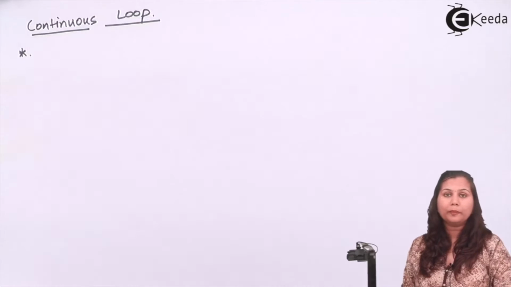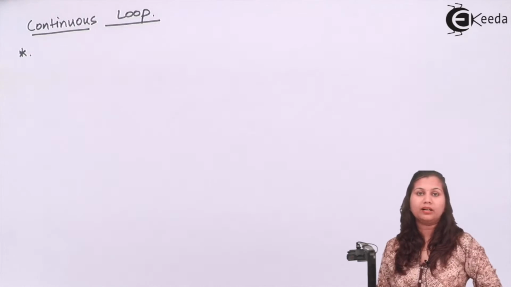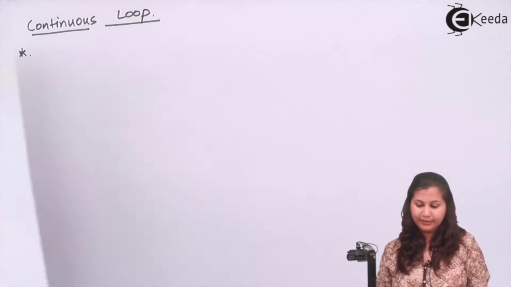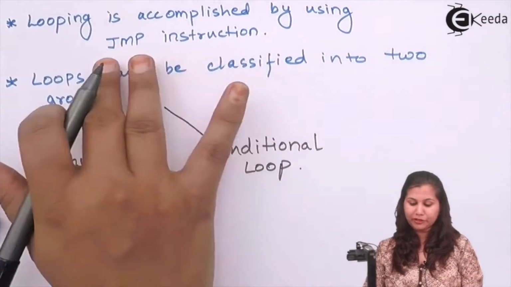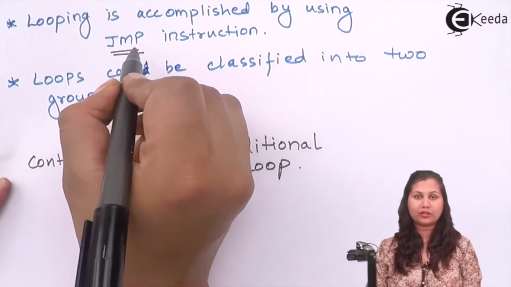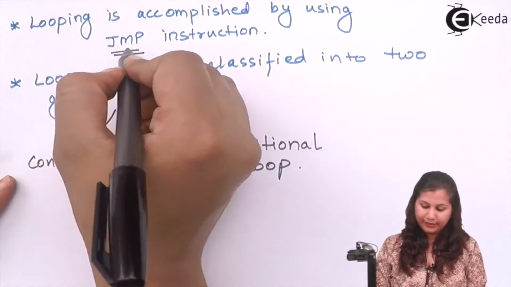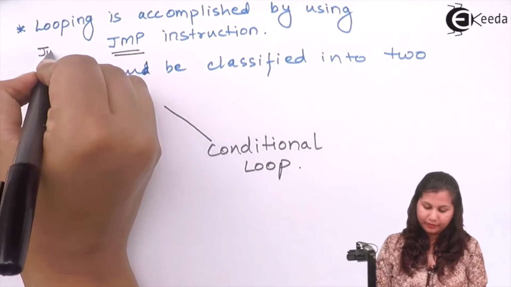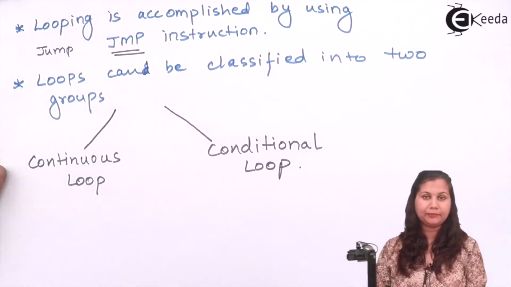A continuous loop is set up by using the unconditional jump instruction, because we have studied here that looping is accomplished by using the jump instruction JMP. It is the mnemonic for the jump, JMP.